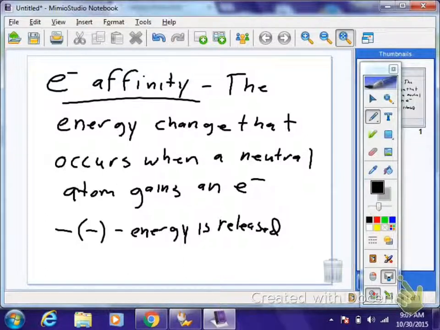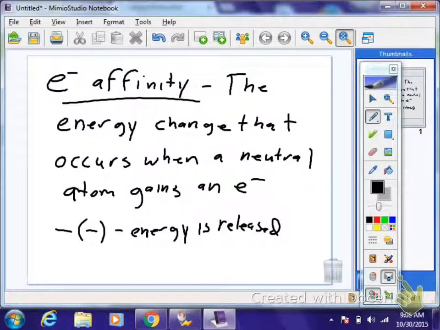Let's say I'm standing outside in the cold and I don't have much on. I am losing energy. Energy is going from my body to the outside air. If energy is going away from me, I'm losing energy. So my whole system has now lost energy, and that's why it's a negative number.